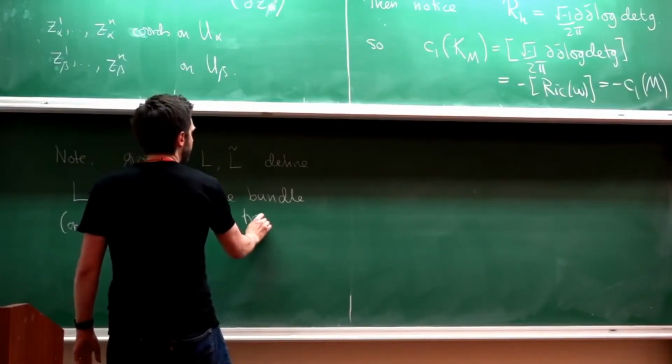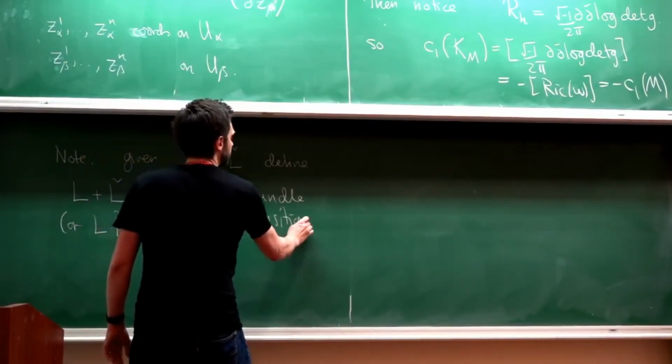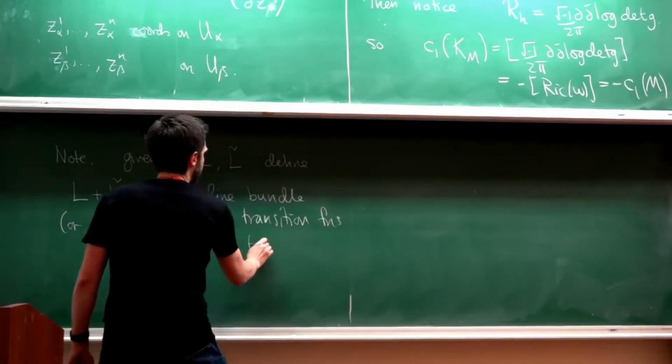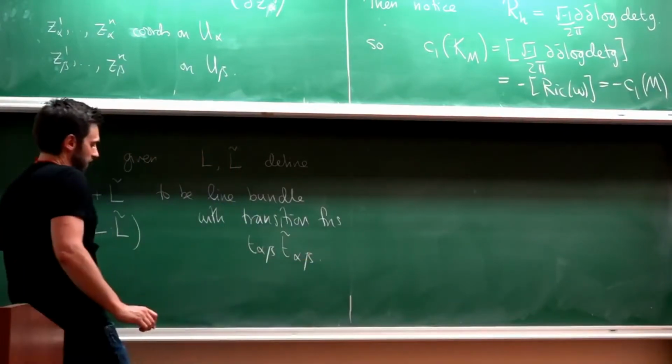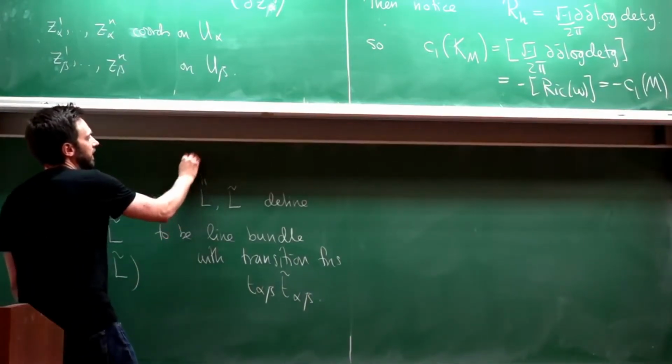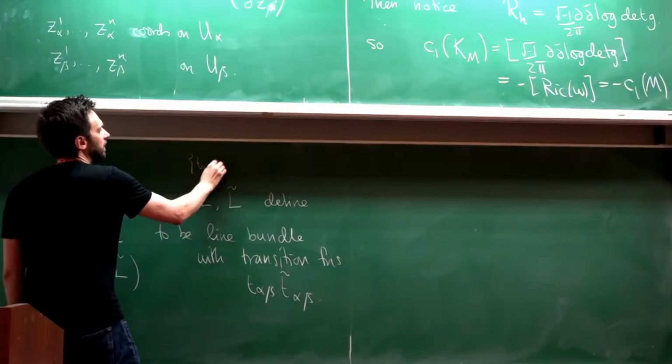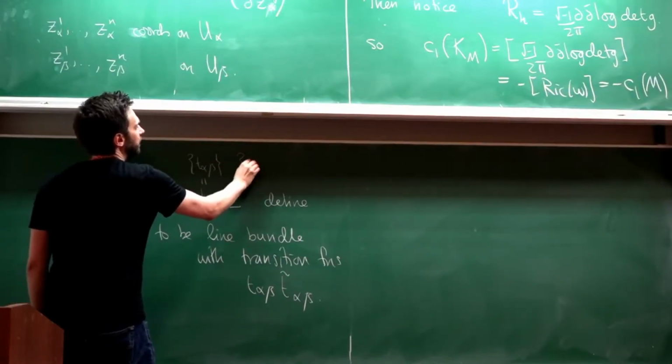You just take t alpha beta times t tilde alpha beta.